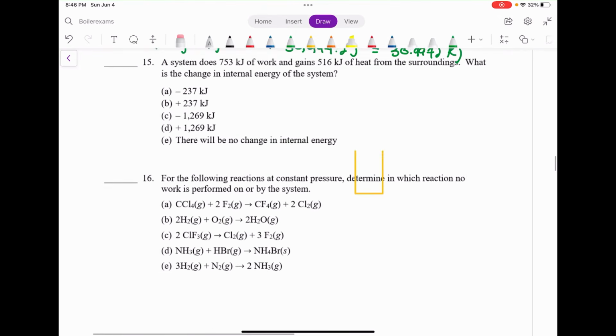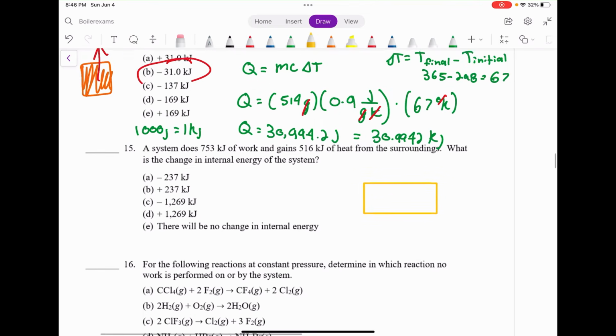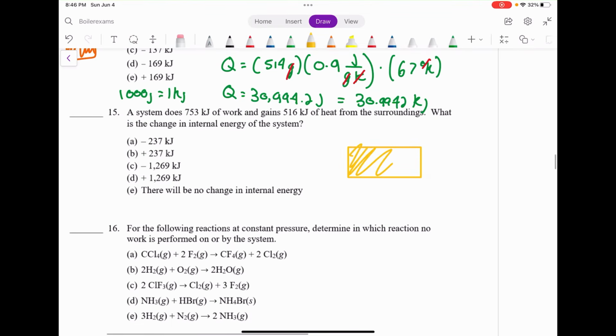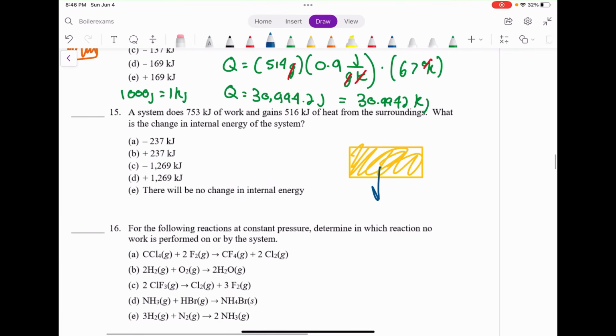Block of aluminum, this is our system. It's doing 753 kilojoules of work on the surroundings. It's losing 753 kilojoules, and it's gaining 516 kilojoules of heat from the surroundings.